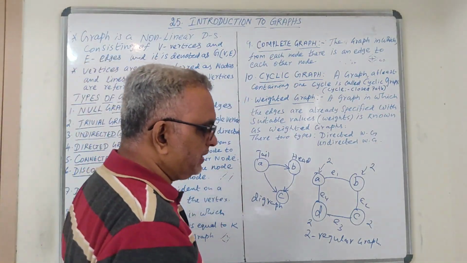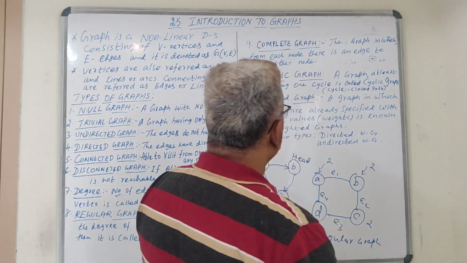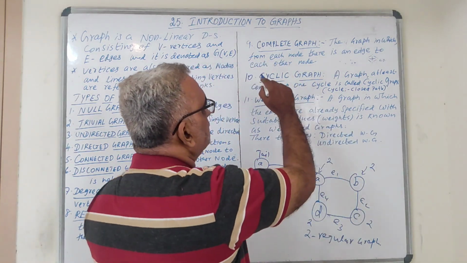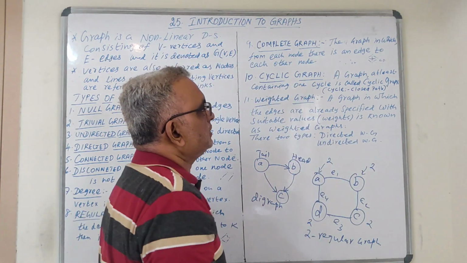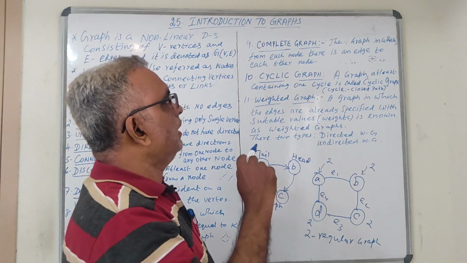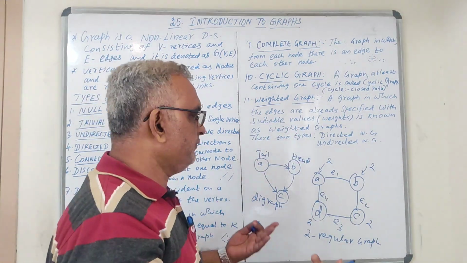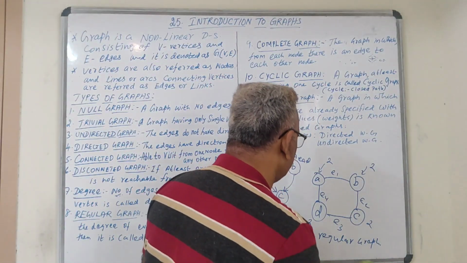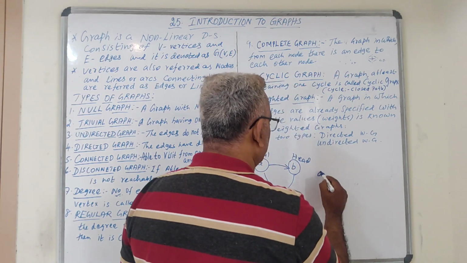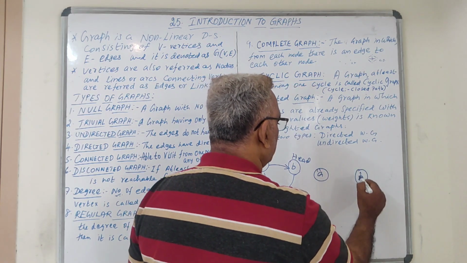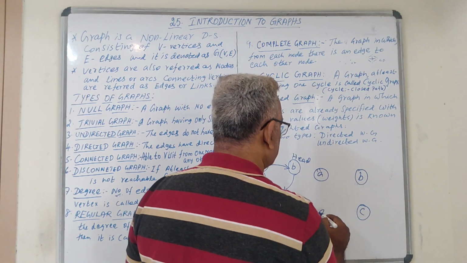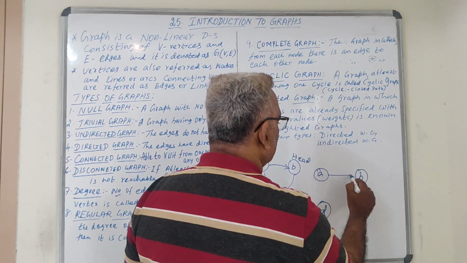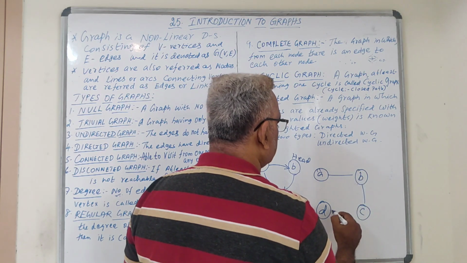Next one is a complete graph. In a complete graph, from each node there is an edge to every other node. Consider the 4 nodes A, B, C and D, connected like this.